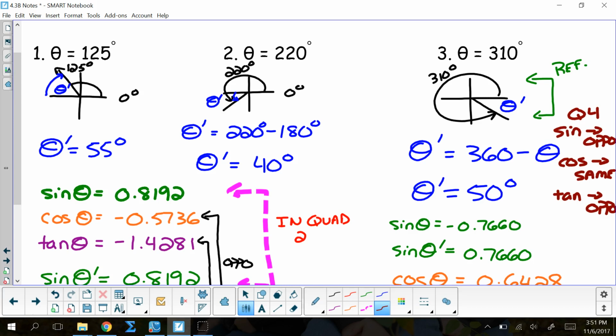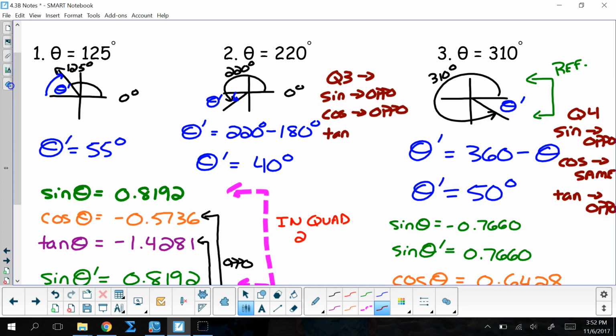If I was in quadrant 3, sine should be opposite. Cosine should be opposite. Tangent should be the same. And that concludes video number 2.